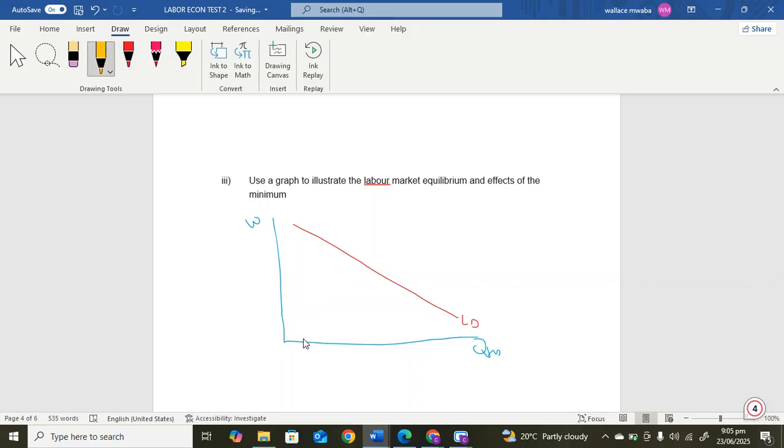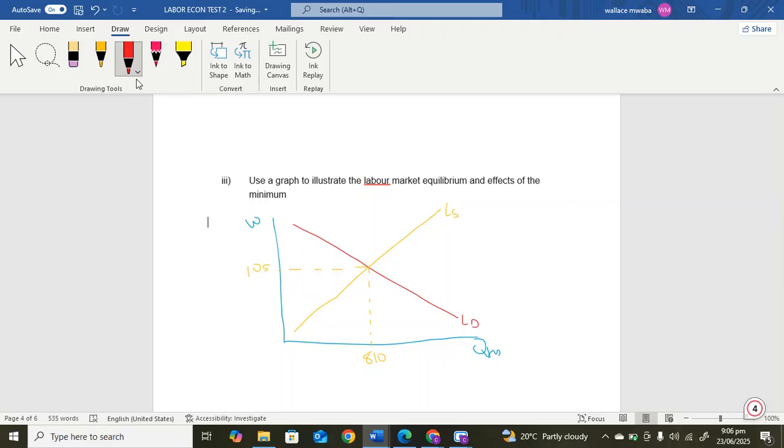Labor supply has a positive relationship with the wage rate: higher wage, more supply. So initially, our equilibrium wage is 105, and equilibrium quantity was 810.